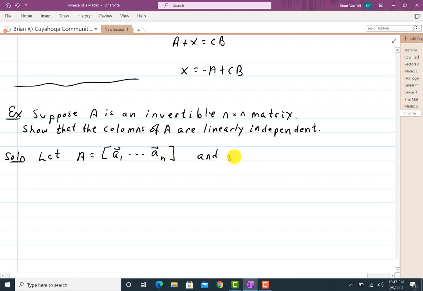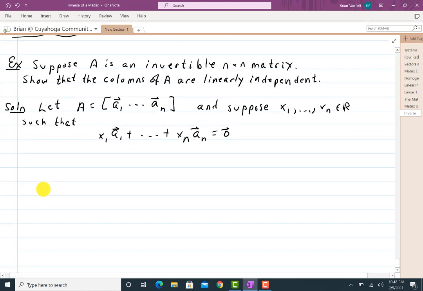And suppose x1 up to xn are all real numbers such that x1a1 plus dot dot dot plus xnan is equal to the 0 vector. Remember, then, we want to show that the x's are all 0.